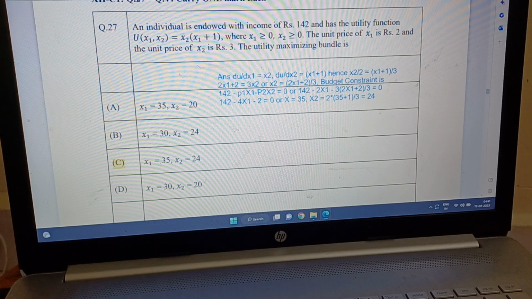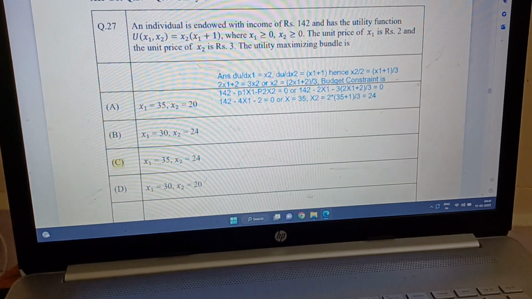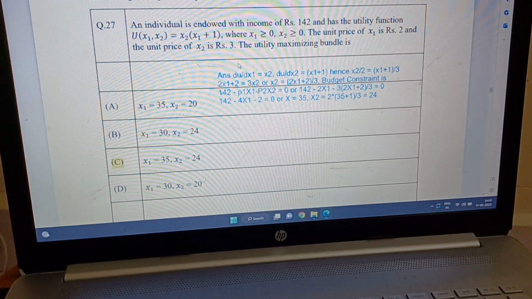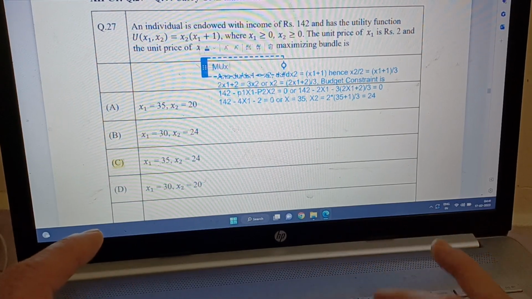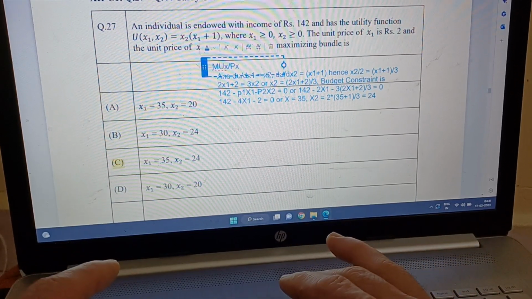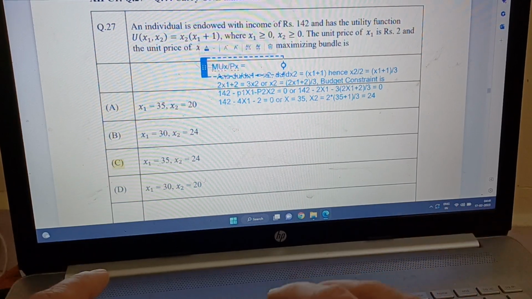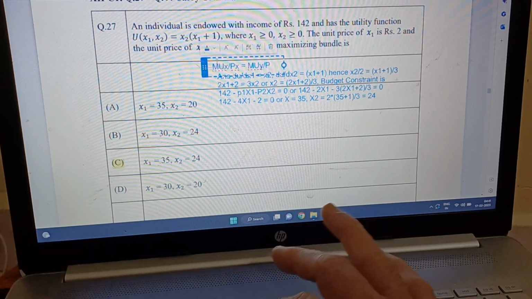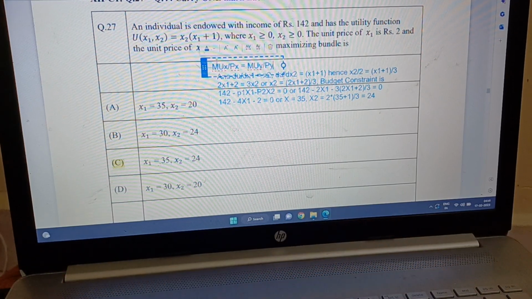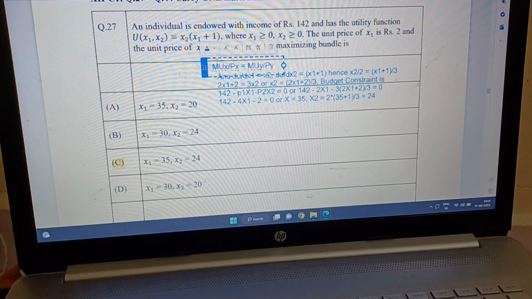All you have to do is apply the second rule of the law of equimarginal utility, which is MUx by Px is equal to MUy by Py. Once you have done this, you will be able to fit it in the budget constraint and you can solve it.